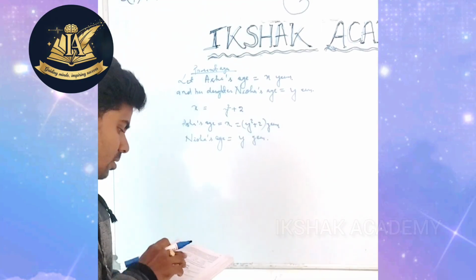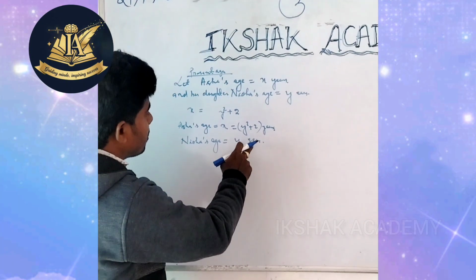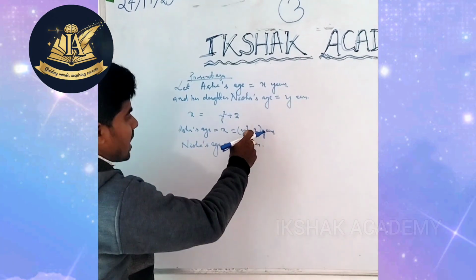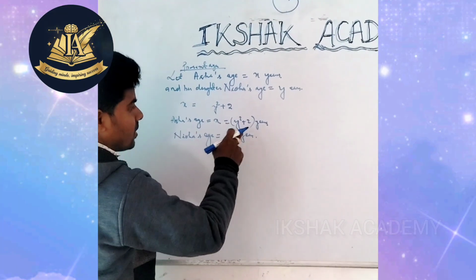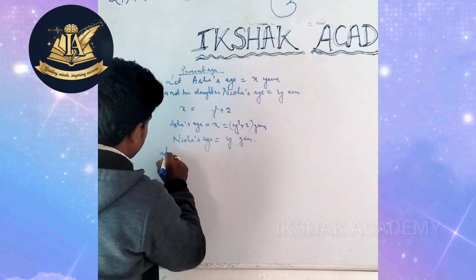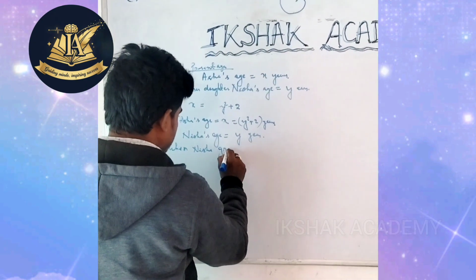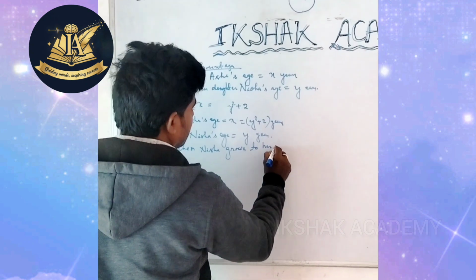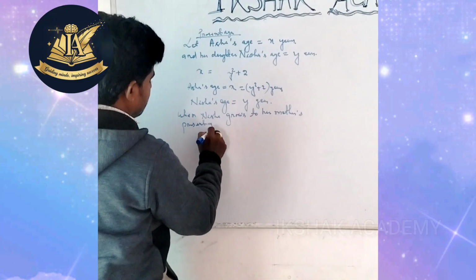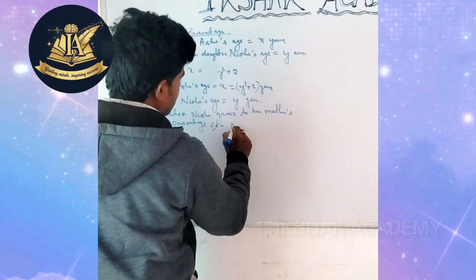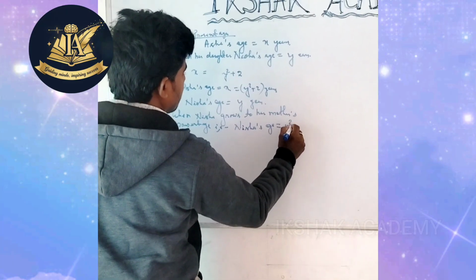So when Nisha grows to her mother's present age, that means Nisha's age will be y square plus 2, because Asha, the mother of Nisha, has age y square plus 2. When Nisha grows to her mother's present age, Nisha's age equals y square plus 2 years.